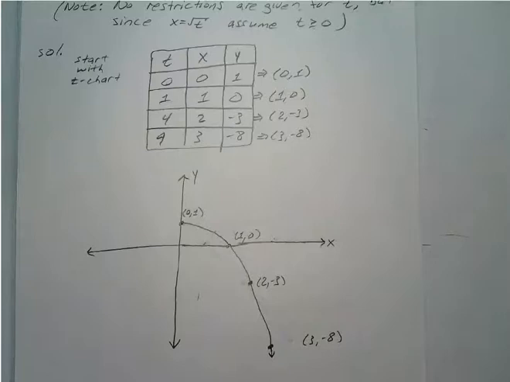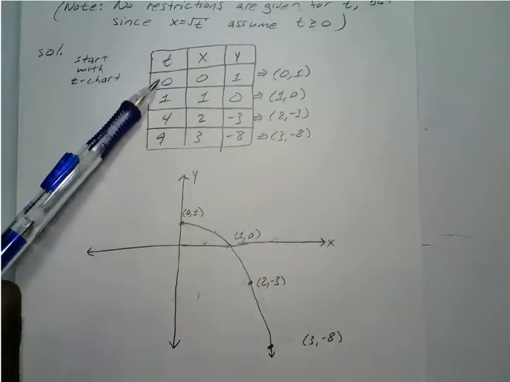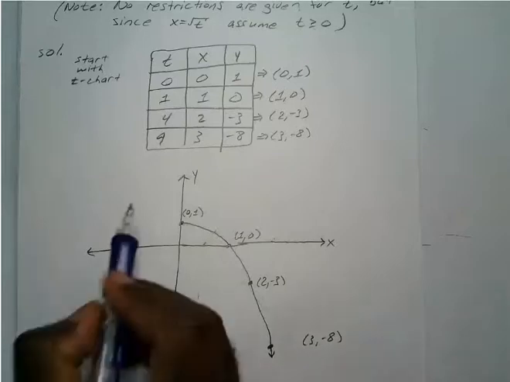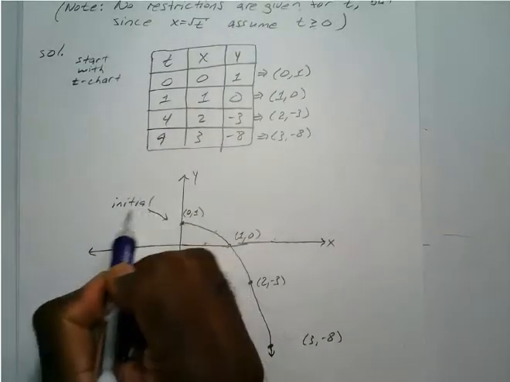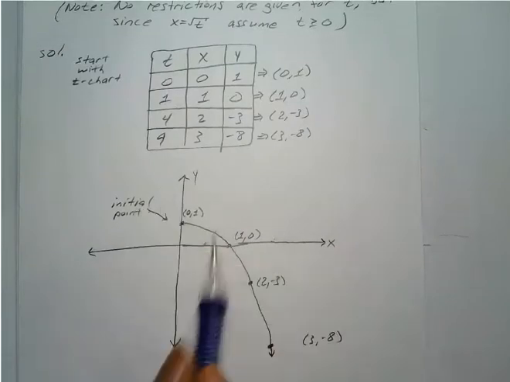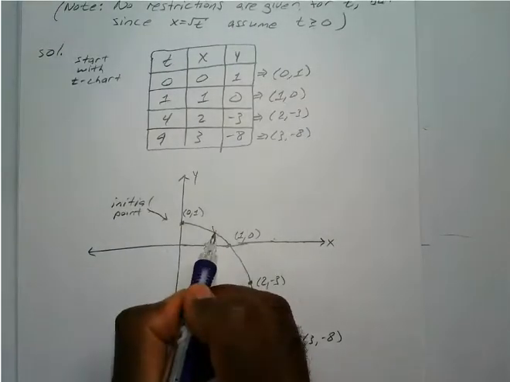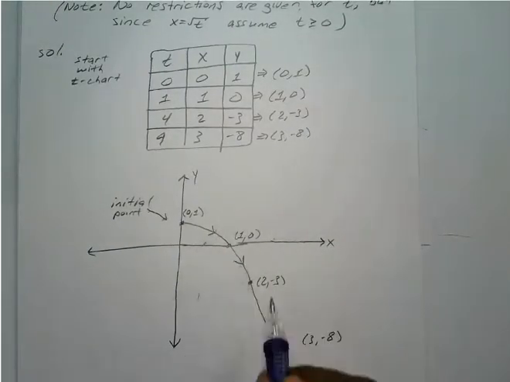Okay. Now, if you remember, for a parametric curve, we have to know the direction. This is our initial point. So we know as t gets bigger, the curve goes in this direction.